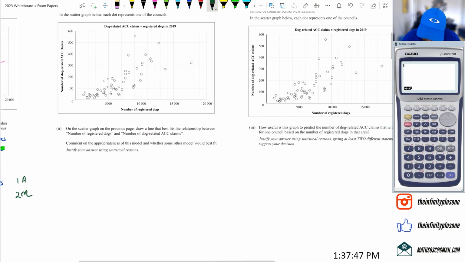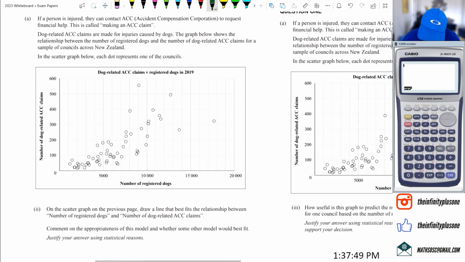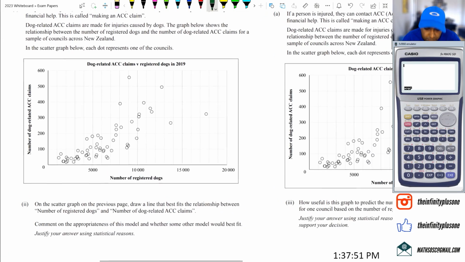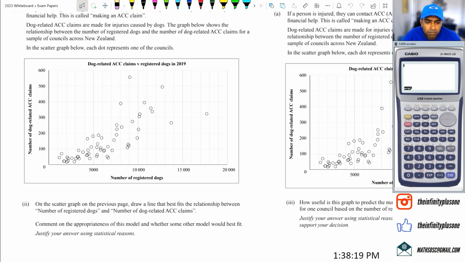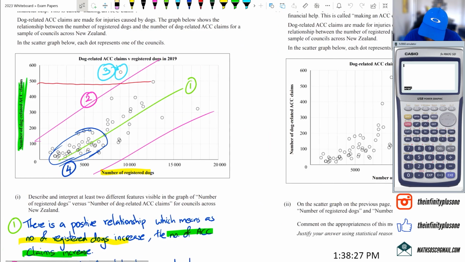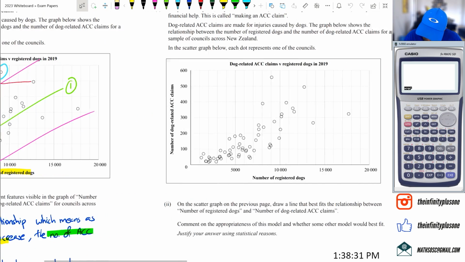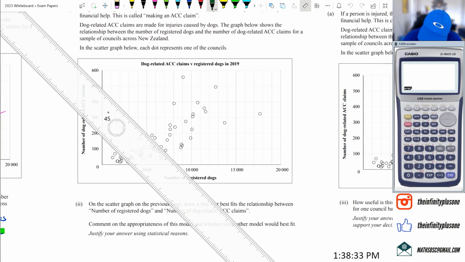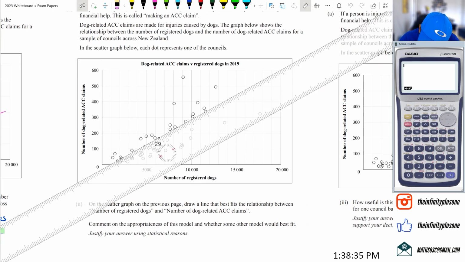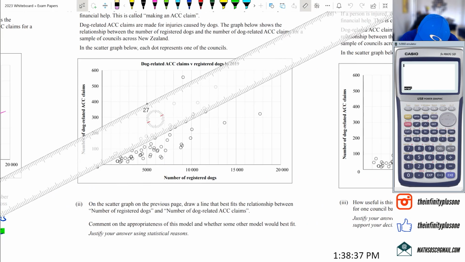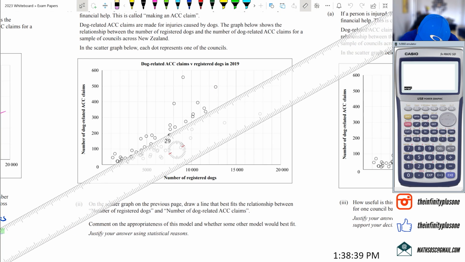Okay, so second part of the question. Now part 2 of this question, it says on the scatter graph, draw a line that best fits this relationship. Now I did a rough line there, but what I will do is just do that again. I'm trying to get a rough idea here.